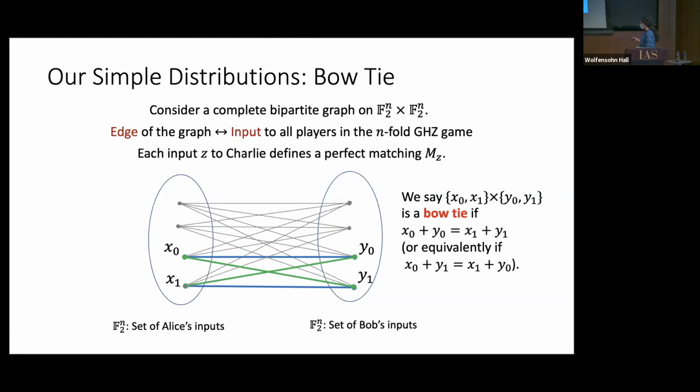So this is saying that these edges come from this particular matching. And this is equivalent to x0 plus y1 equals x1 plus y0. To go from one equation to the other, you can just add y0 and y1 on both sides. So this is the formal definition, but just keep in mind this picture of two blue edges and two green edges that go like this.